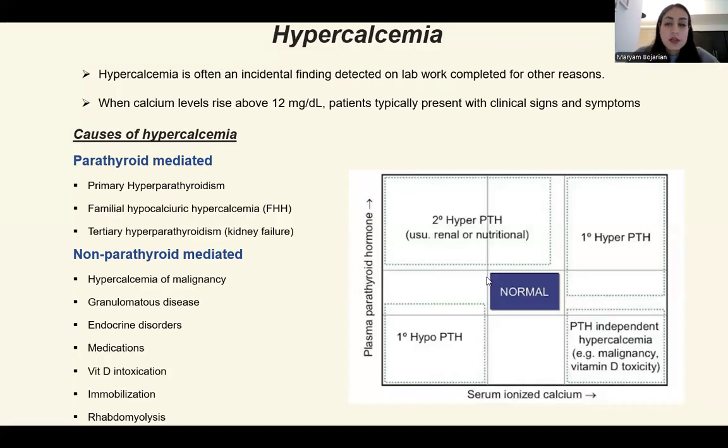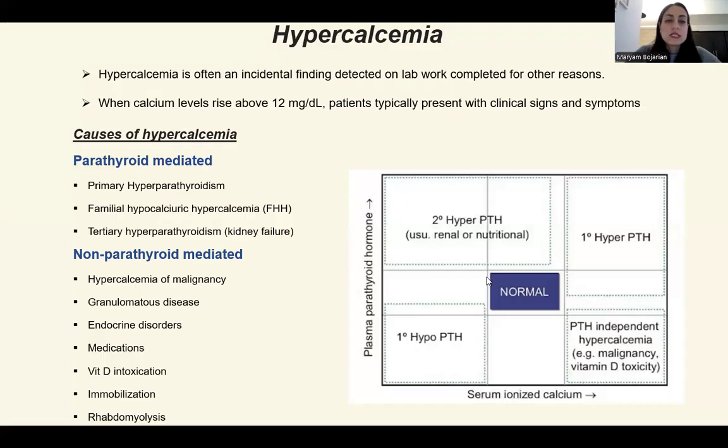Some medications can cause hypercalcemia, for example, thiazide diuretics and lithium. Vitamin D intoxication can cause hypercalcemia, as can immobilization and rhabdomyolysis. All of these are differential diagnoses of non-parathyroid mediated hypercalcemia.